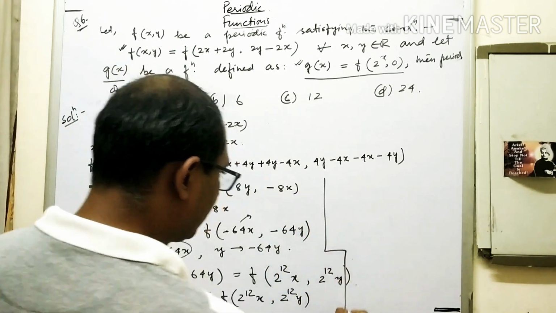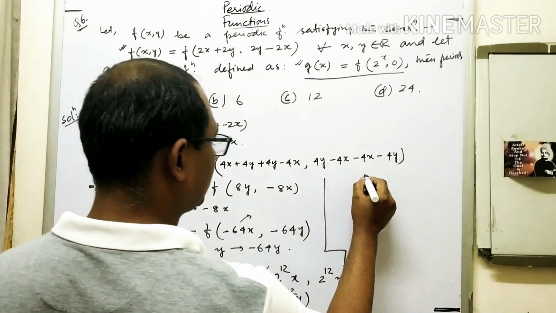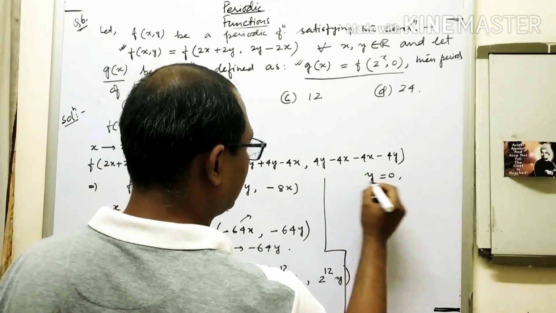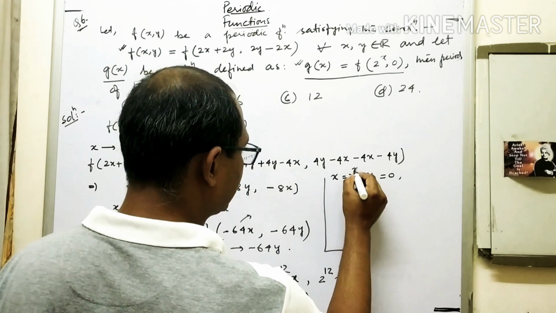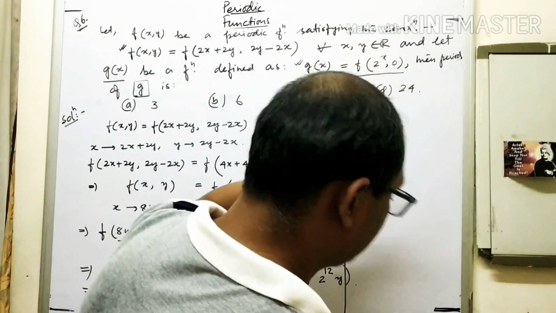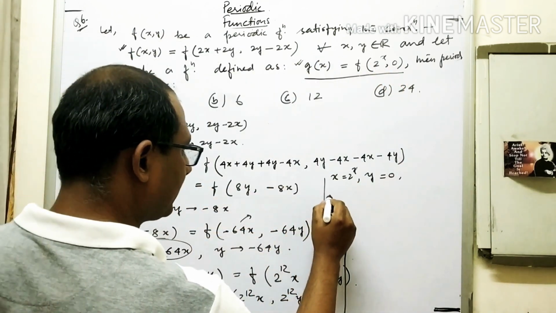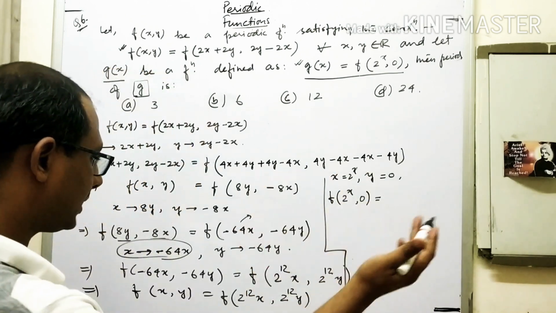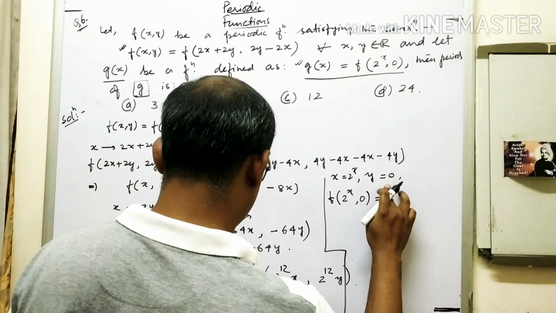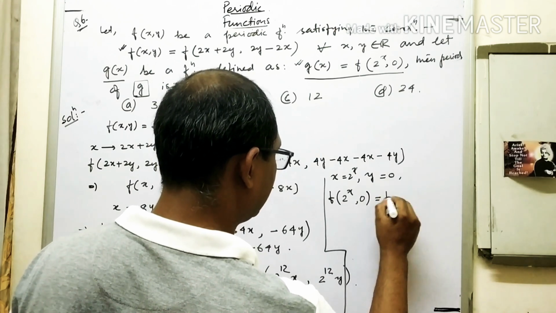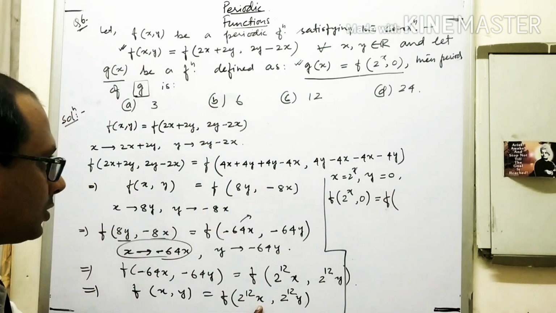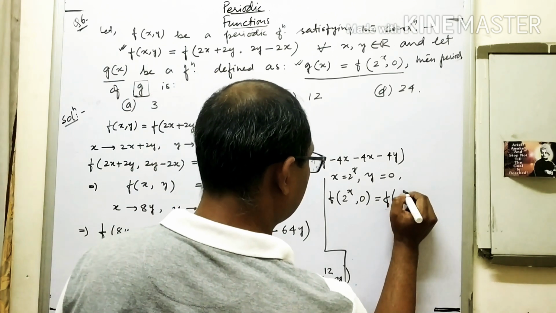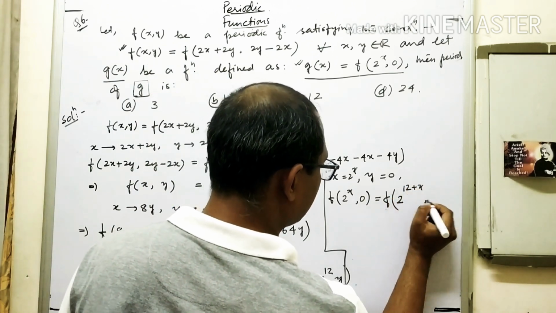Now in the next step we'll put y equal to 0 and x equal to 2 to the power x, because I have to go there, right? So let us do it. f of (2 to the power x, 0). On the right hand side we'll be getting f of, we are putting x as 2 to the power x, so (2 to the power 12 plus x, 0).